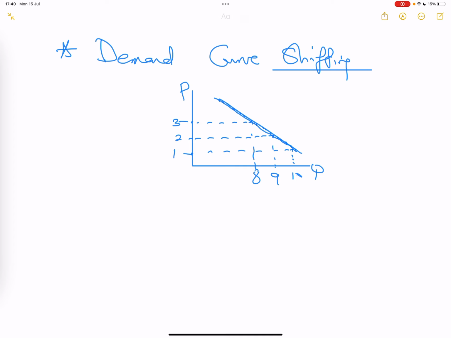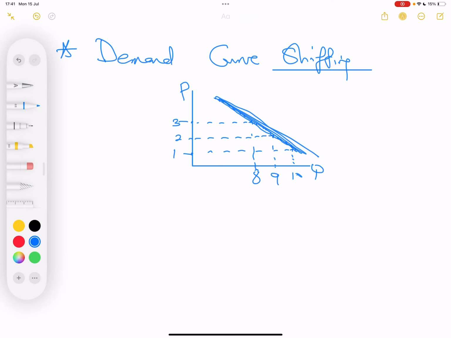However, what will we call shifting? Shifting is when you have this curve, and instead of staying like this, it decides to shift in its entirety to come to this place or to go to this place. So you can see it can come like this or it can go like that. That is shifting. And that is not the same thing as moving along the curve.